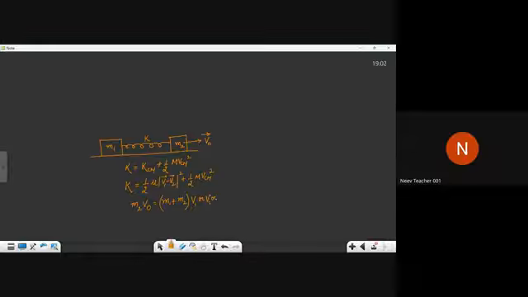We get from here the final value V, which is M2 V0 divided by M1 plus M2. This is V for me. Now you know what to do. Nothing much left, isn't it? Initial kinetic energy is known to you.